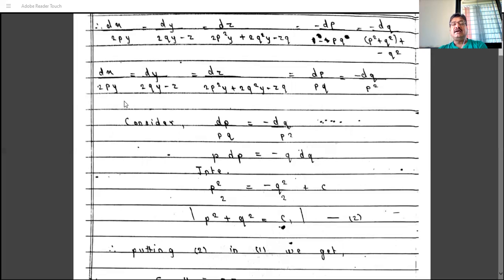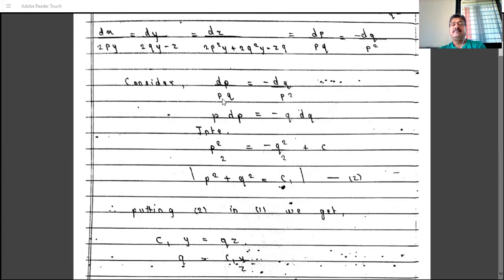If you consider dx and dp, the first ratio and this fourth ratio, then check whether it is independent of y, q, and z. So take the 2 ratios dp by pq and minus dq divided by p square, because these 2 ratios only depend on p and q.